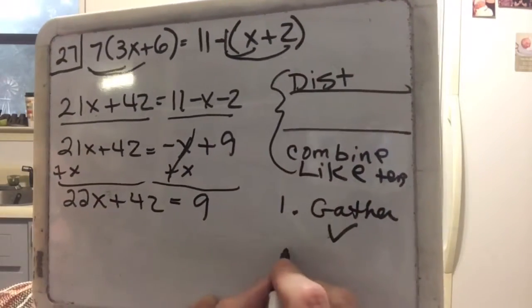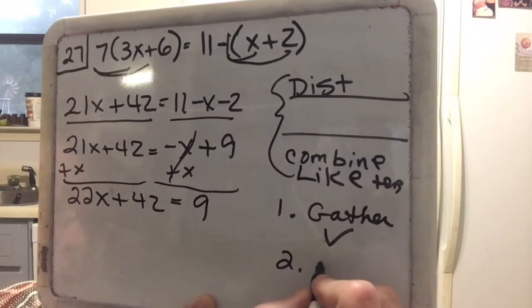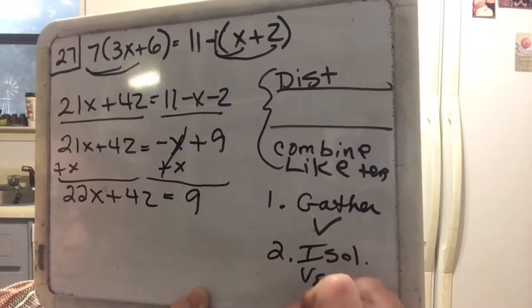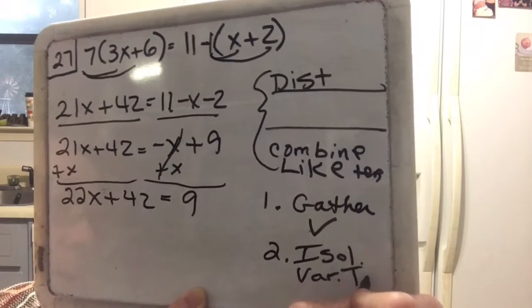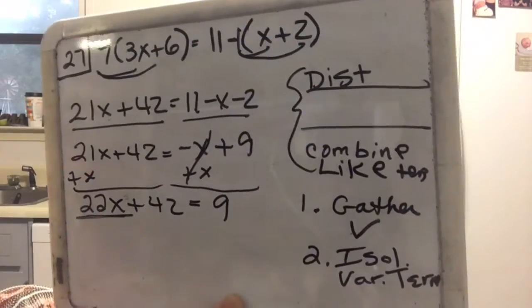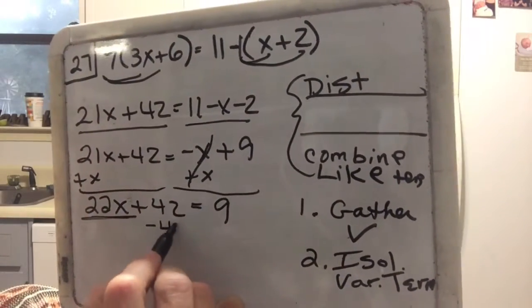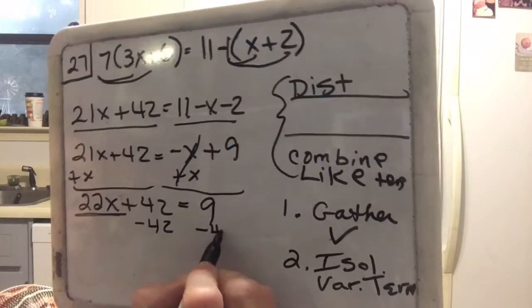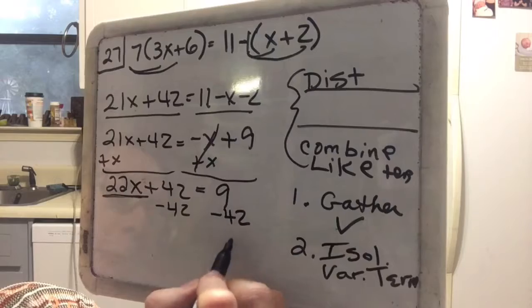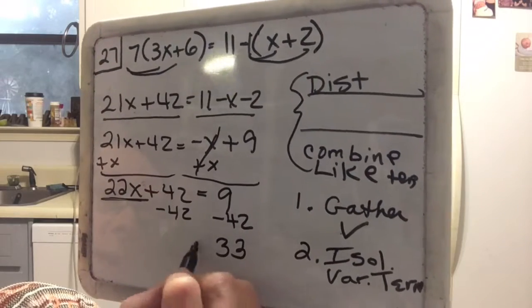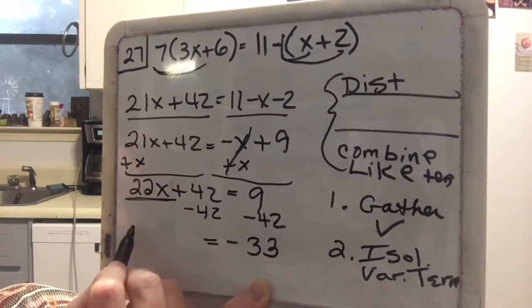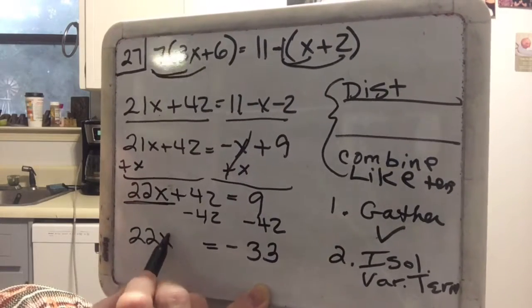Now my second step is to isolate the variable term, not the variable itself, but the term, and there's my variable term. So I'm going to subtract 42 and subtract 42, and that's going to give me negative 33 on the right side, and on this side I've got 22x.